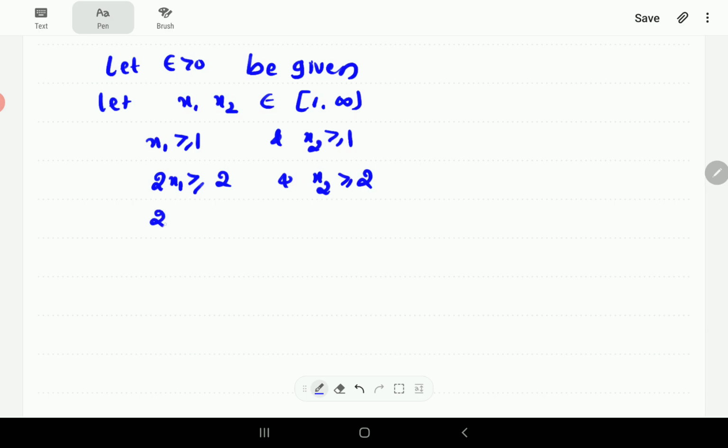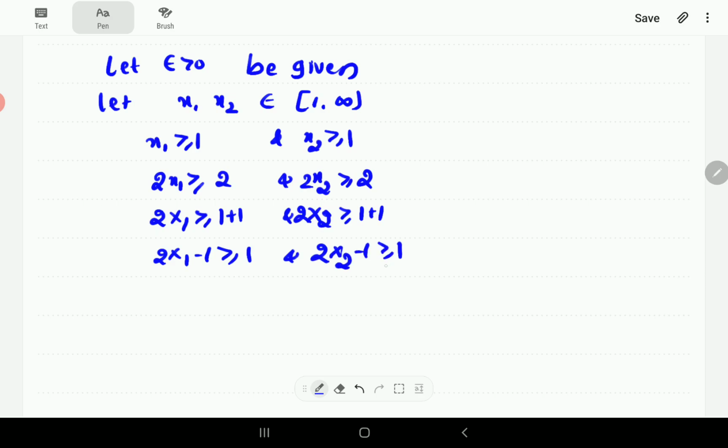Let me write this as 2x1 is greater than or equal to 1 plus 1, and 2x2 is greater than or equal to 1 plus 1. Now subtracting 1 on both the sides, 2x1 minus 1 is greater than or equal to 1, and 2x2 minus 1 is greater than or equal to 1.